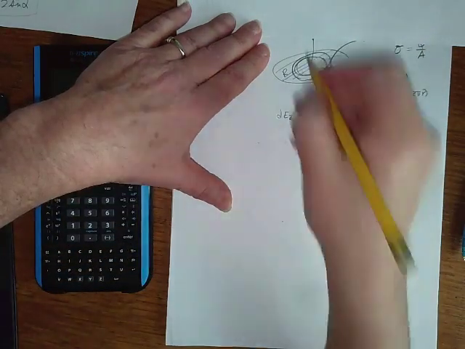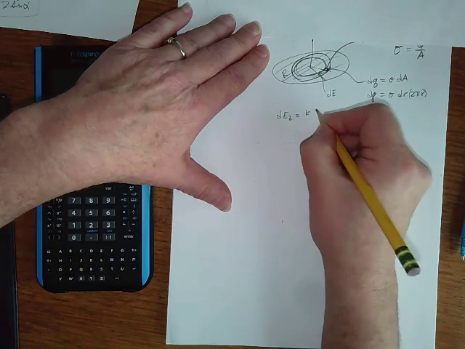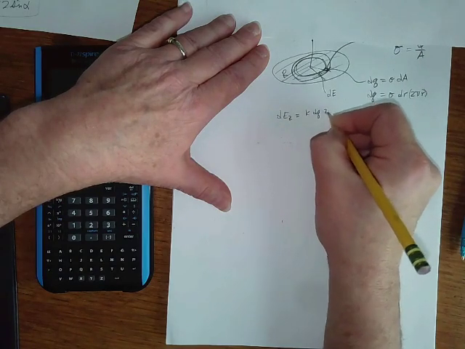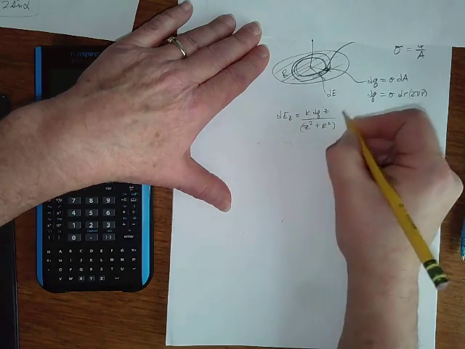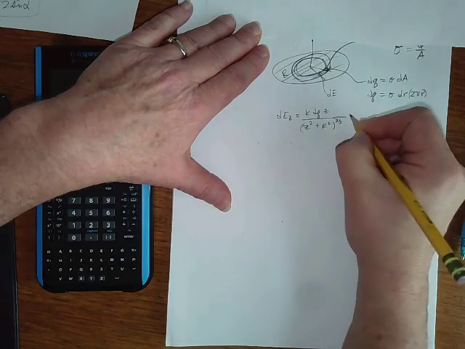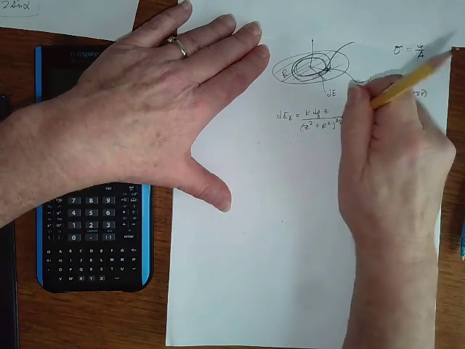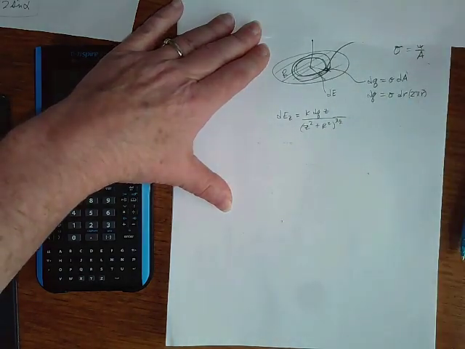So we're just going to take our result from before, k dq z over (z squared plus r squared) to the 3 halves. We can forget the k hat because we're doing it as magnitude only.